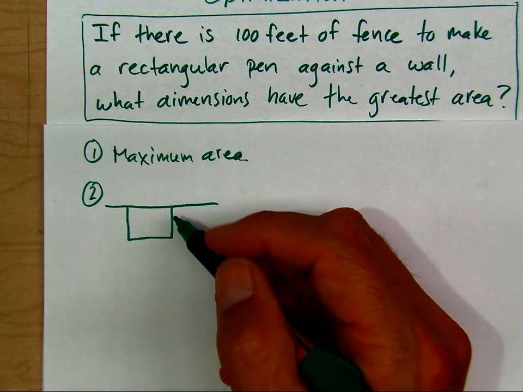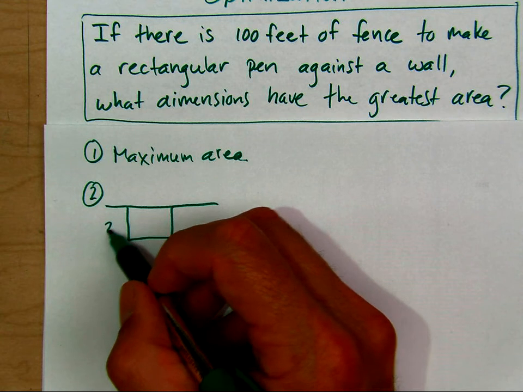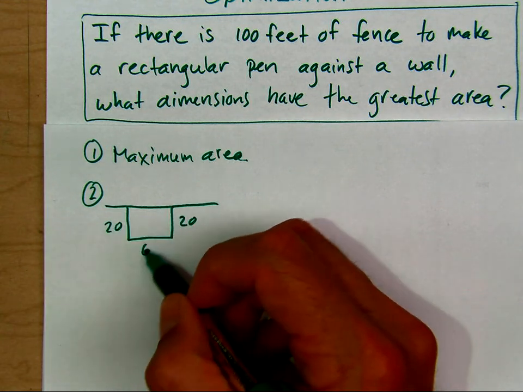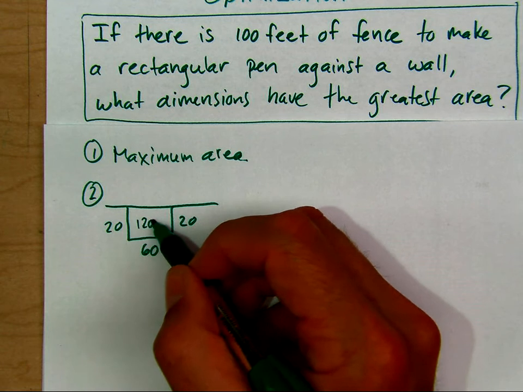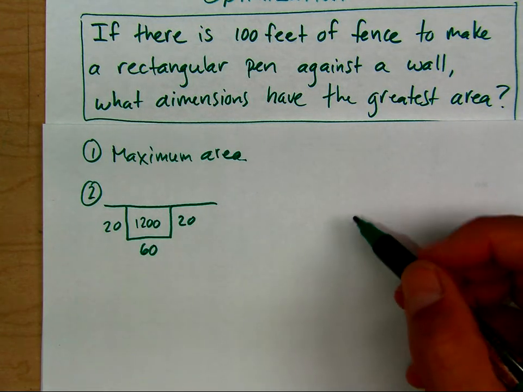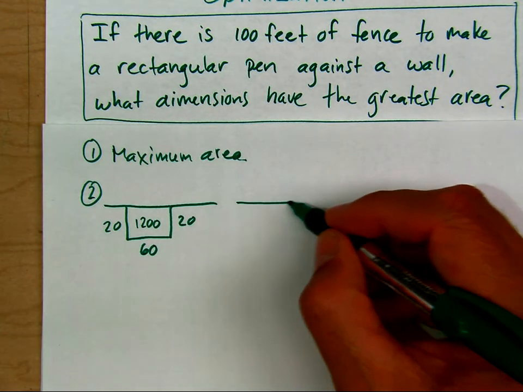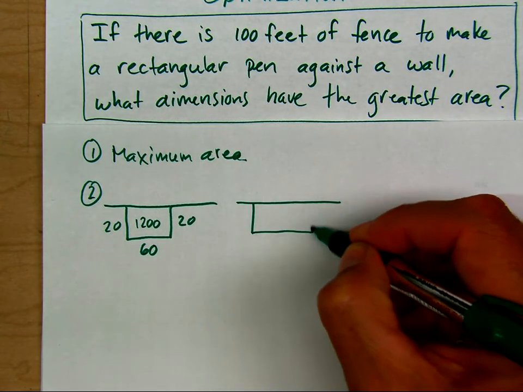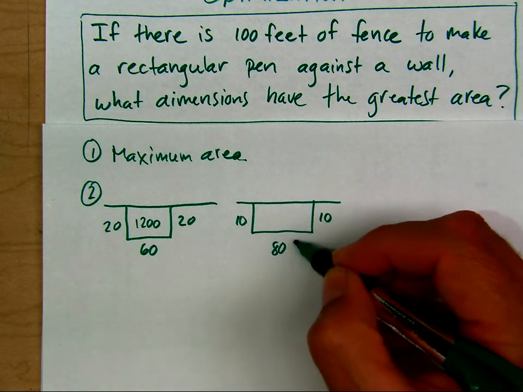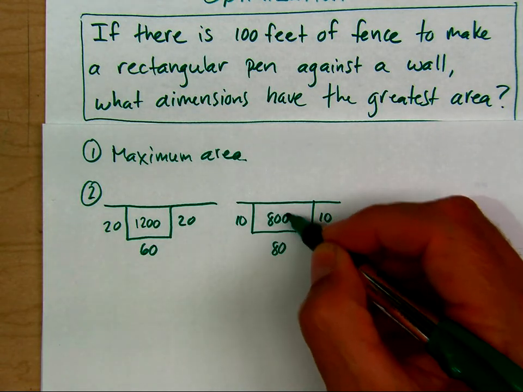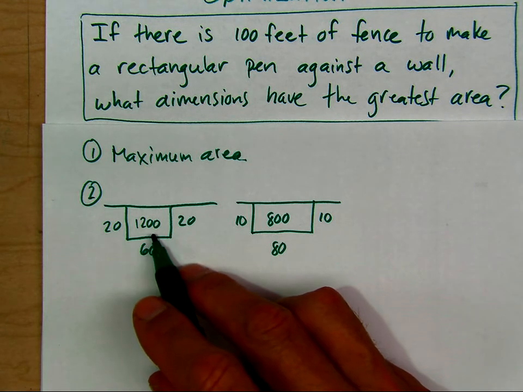Now we can just guess some numbers. 20, 20, 60. That's using up 100 feet of fence, and we get an area of 1,200. Is that the maximum area? We don't know, so let's draw another picture. We could have 10, 10, and 80, and now we have an area of 800. Maybe that is the maximum area.